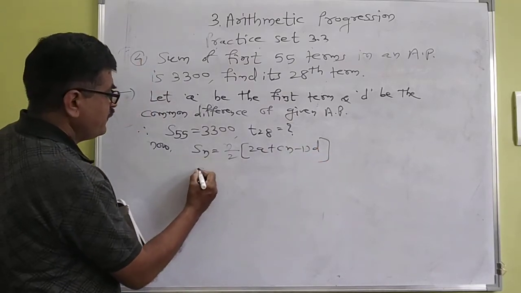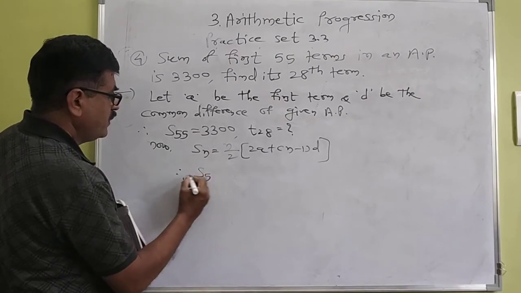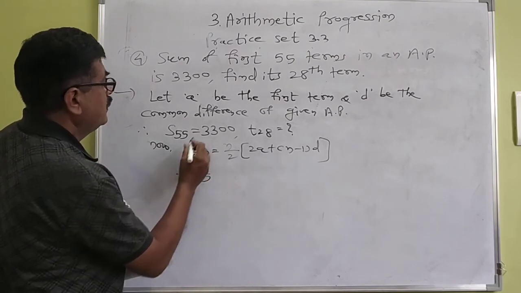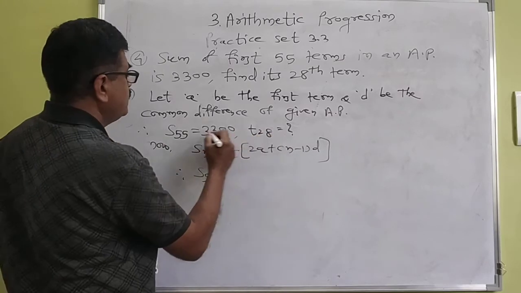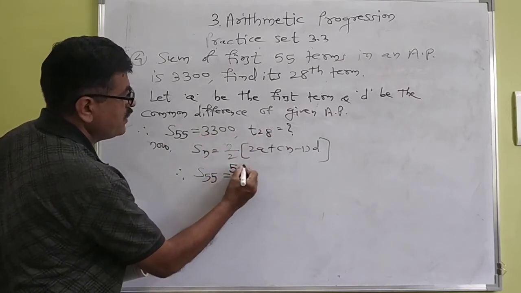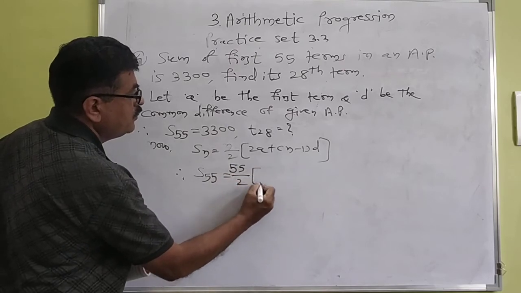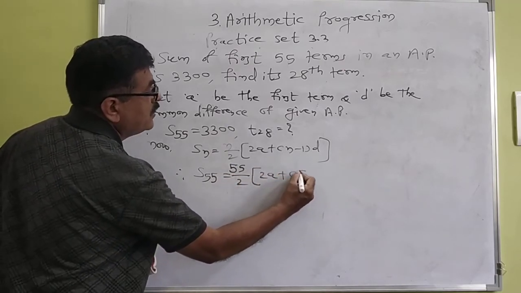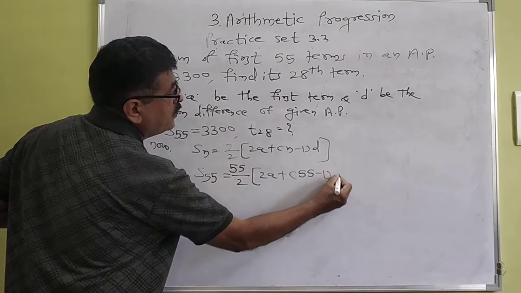Now S55, here the value of n is 55. S55 is equal to 55 upon 2 into bracket 2a plus 55 minus 1 into d.